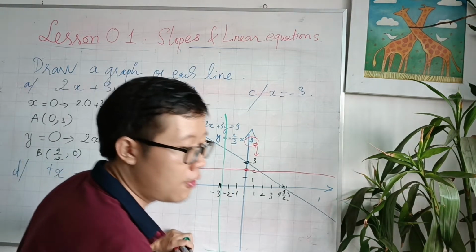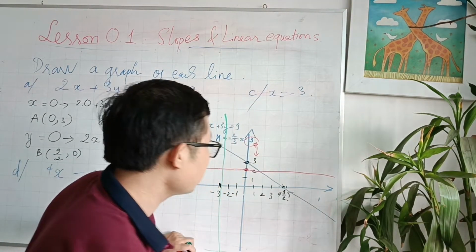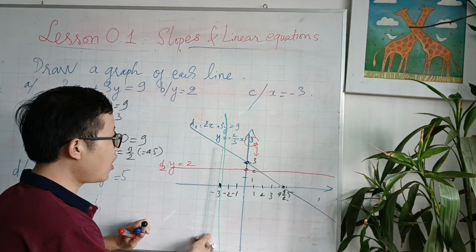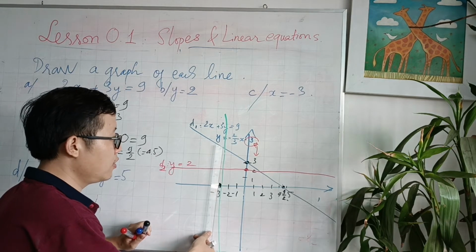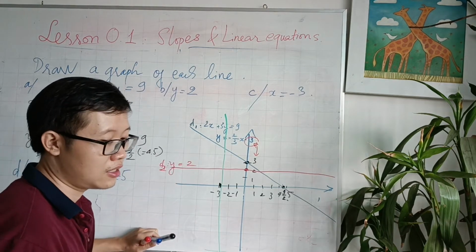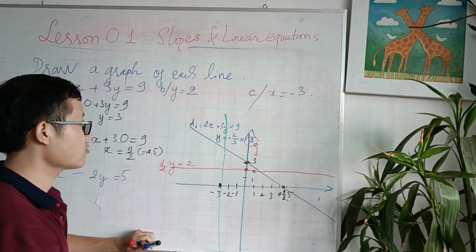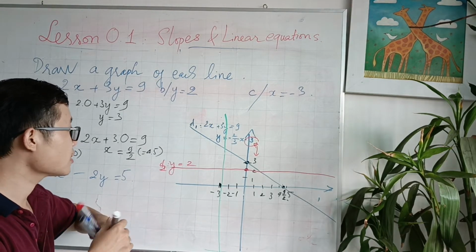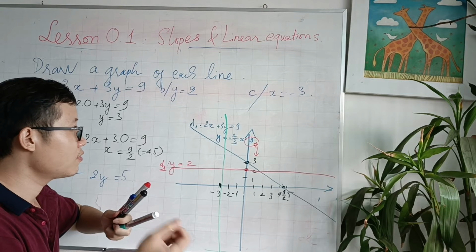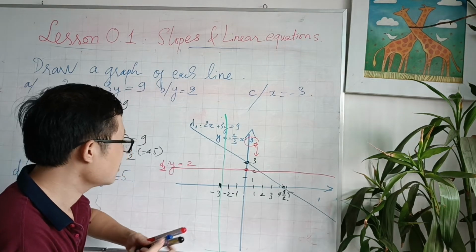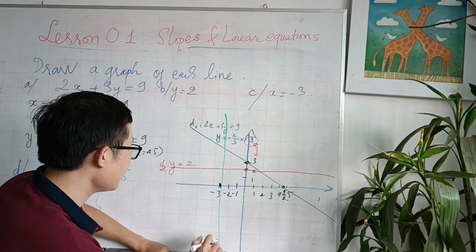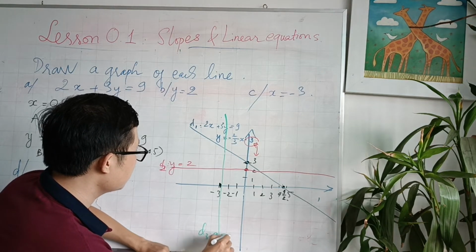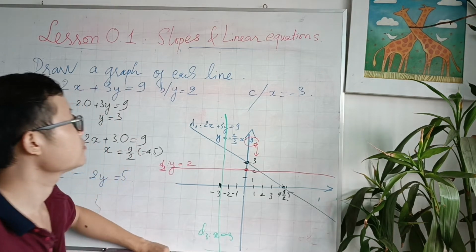Maybe when you draw this graph you must sketch along a ruler, but when I check my exercises, it's easier to draw by hand. Okay, and we name this line D3, x equals -3.